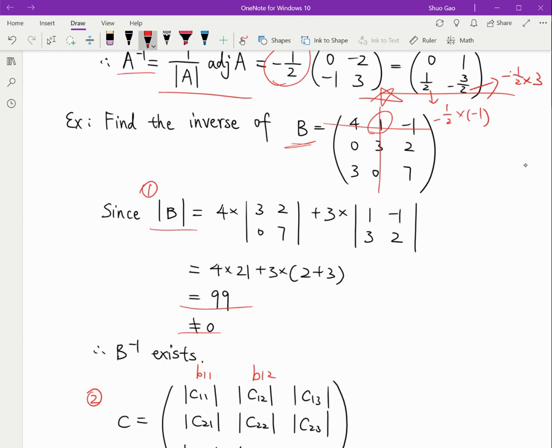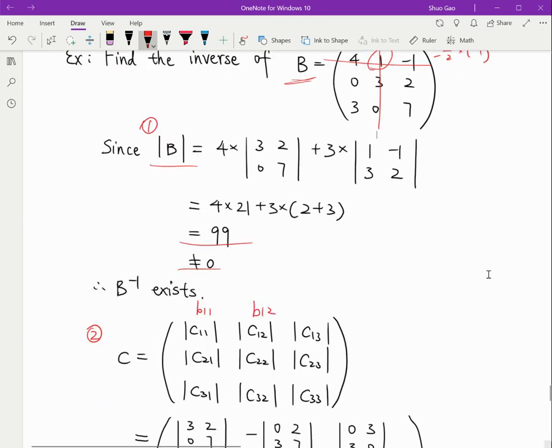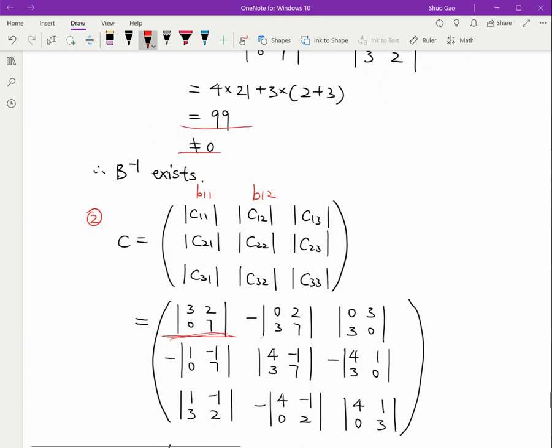What is left is 0, 2, 3, and 7, right? 0, 2, 3, and 7. But because it's B12, 1 plus 2 is odd, we need to add a minus sign before this subdeterminant. So the cofactor for B12 is minus times the subdeterminant here.